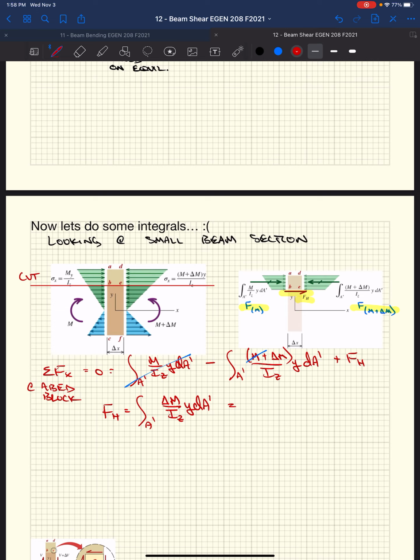Well, out of this equation, if we're integrating over the area, nothing changes with respect to the moment or the moment of inertia with respect to the area, right? Those are constants based on the cross section. You can say this is a constant.